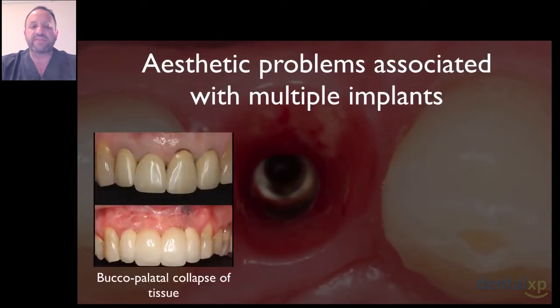When, however, we get to multiple implant cases, now we start to deal with a whole lot of different problems. And the reason that we have different problems is because we get far more buccopalatal collapse.